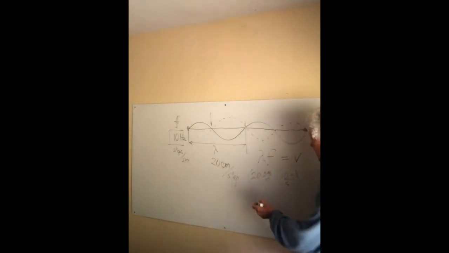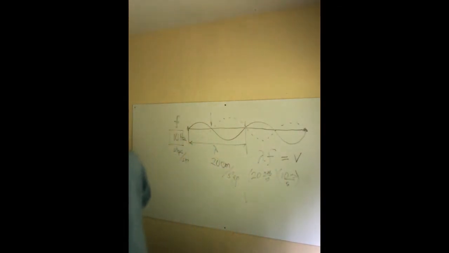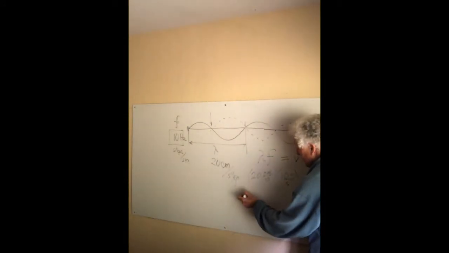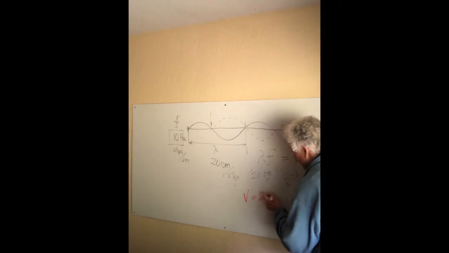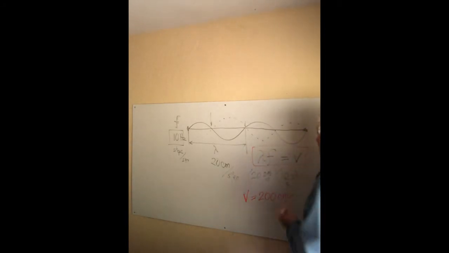And I hope you'll see this. Now I'm going to grab a different pen. Forgive me for the crudeness. 10 times 20, I can even do. The V, the speed, is 200 centimeters per second. And that's the only formula you need for doing the waves. Wavelength times frequency equals speed.